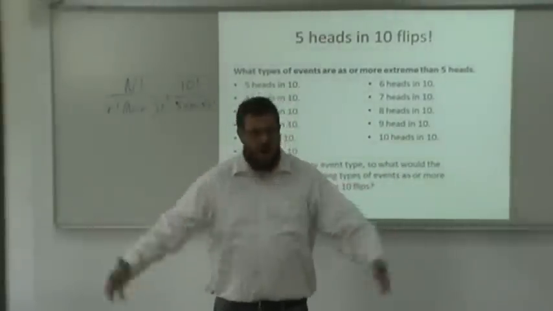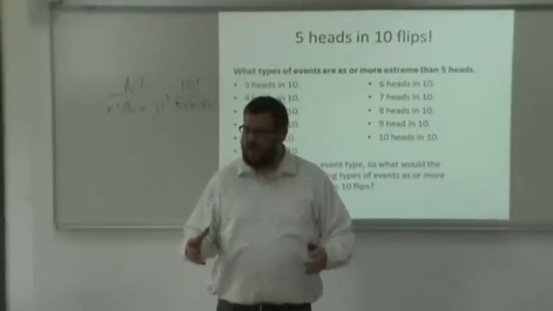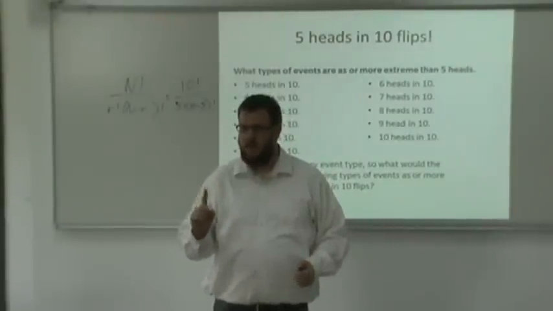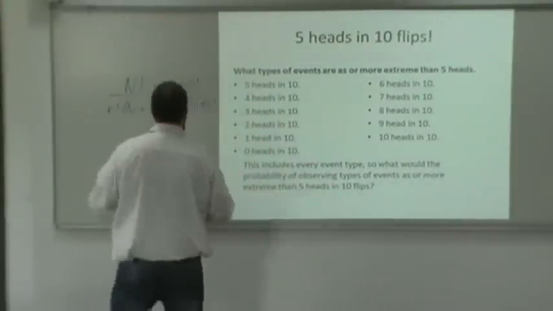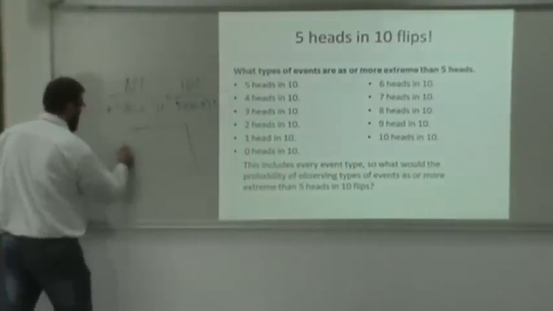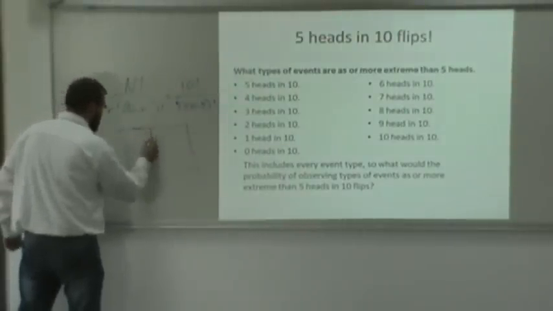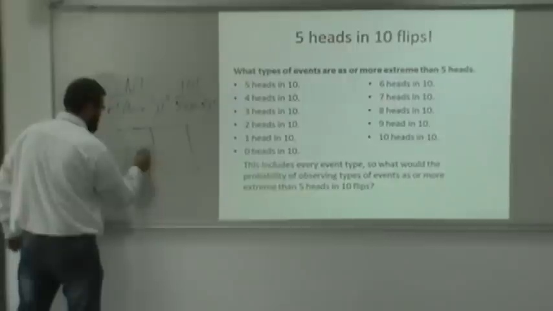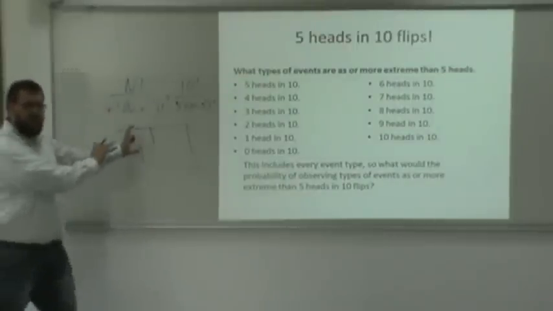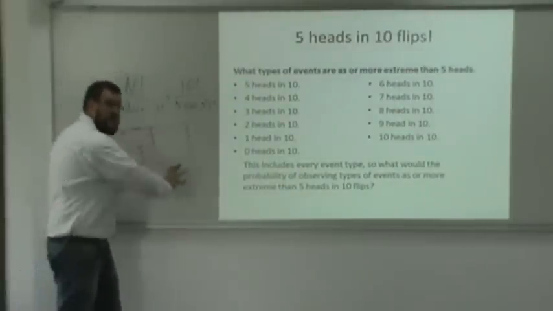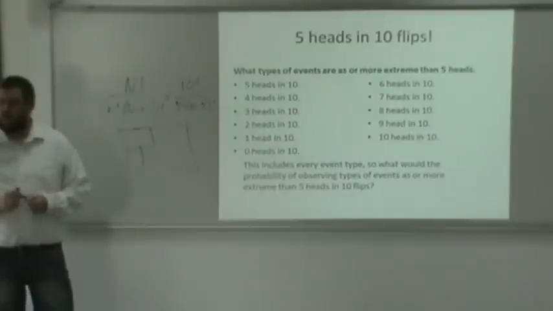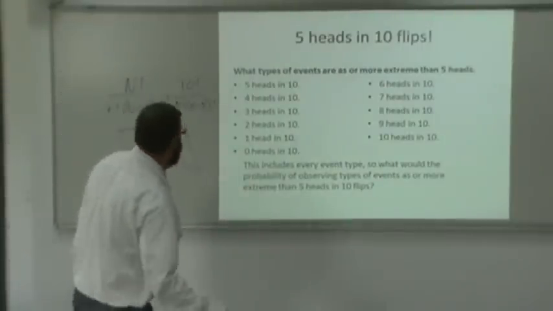The sum of all of the probabilities is going to equal 1. If we were to draw a Venn diagram, the 4 heads, the 5 heads, we could figure out how much of those are. That would completely fill the entire diagram, all of those events. So the probability is 1.